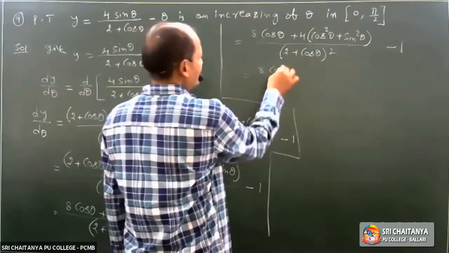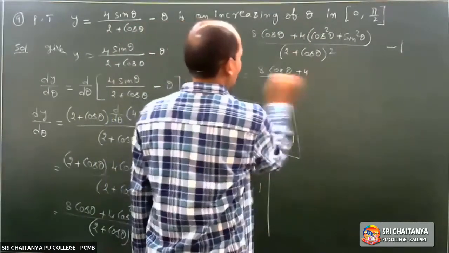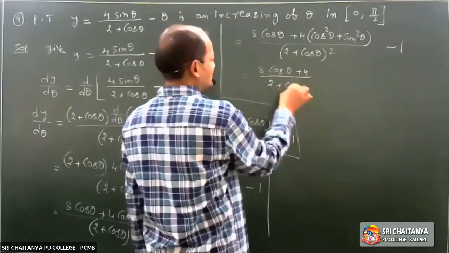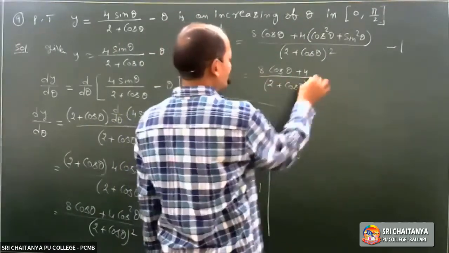Clearly it is 8 cos theta plus 4 divided by 2 plus cos theta whole square minus 1.